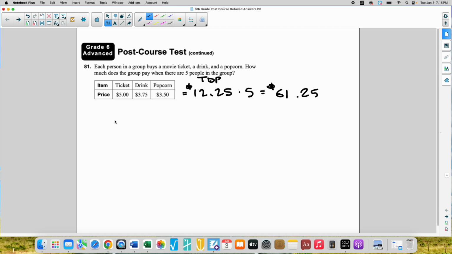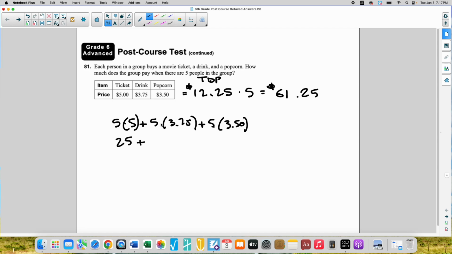Or the other way you could do it is 5 times $5, plus 5 times $3.75, plus 5 times $3.50, and we'll put those in parentheses. 5 times $5 is going to give you $25.